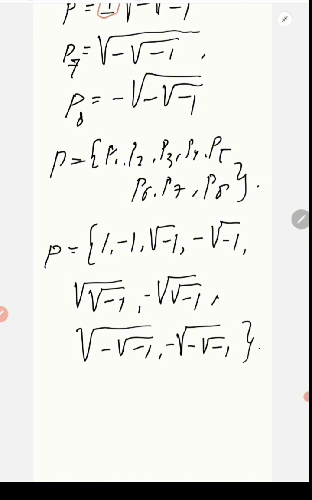But actually, we prefer using i for square root of minus 1.